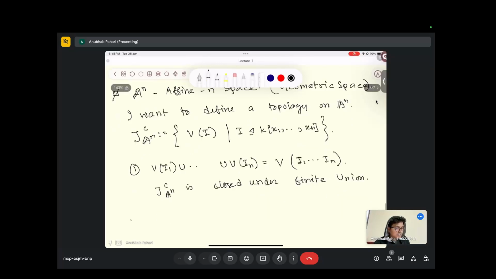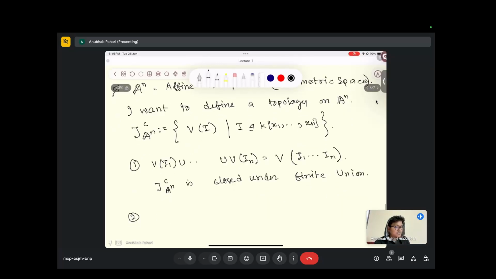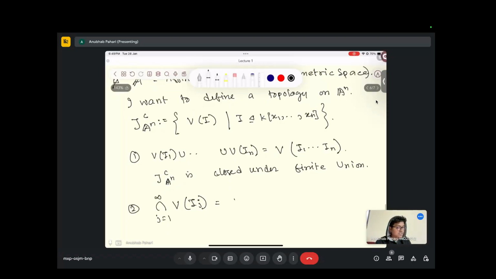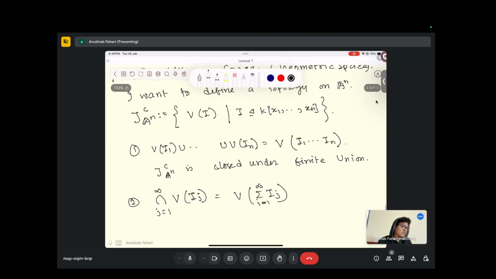Now second, if we take an arbitrary intersection of V(Ij), j from 1 to infinity, we'll see that this is V of the sum of the Ij. Now, an infinite sum of ideals makes sense. How?